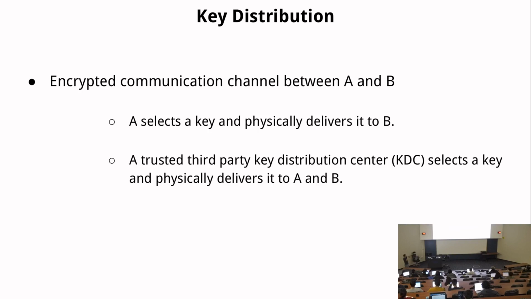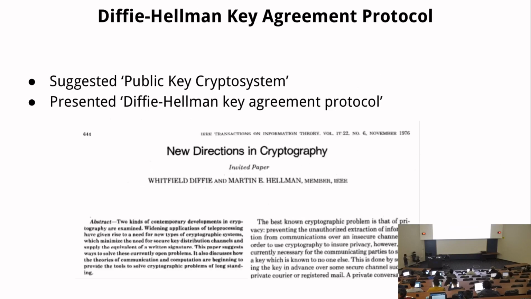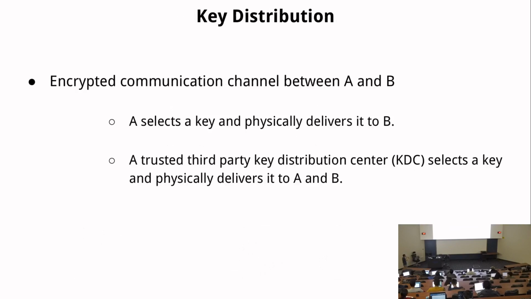The problem here is we bring in another party, and that party has to be trusted. If that party is not trustworthy, then our communication is not really secure. So those are not very practical solutions.